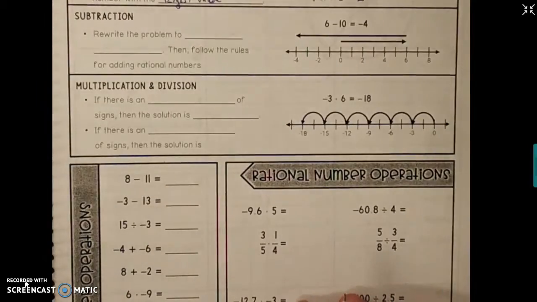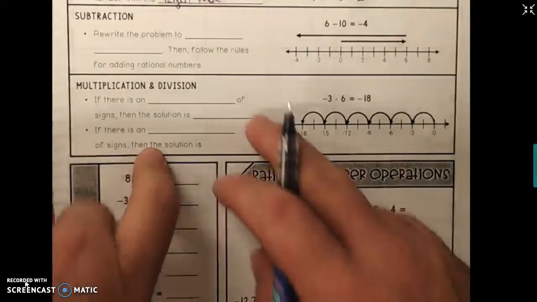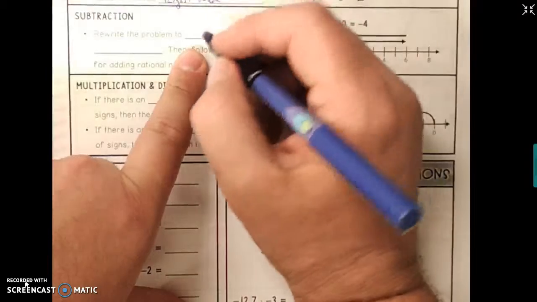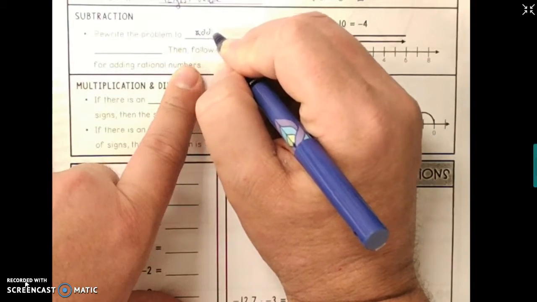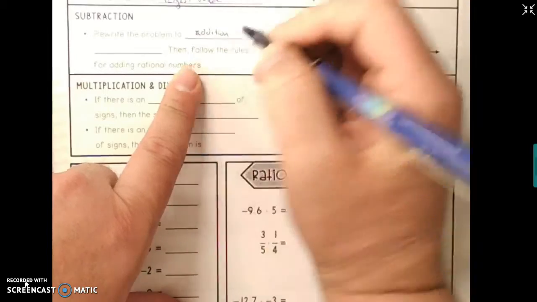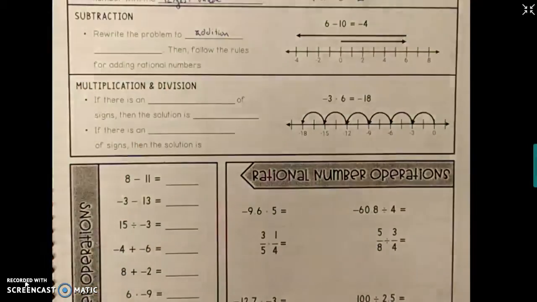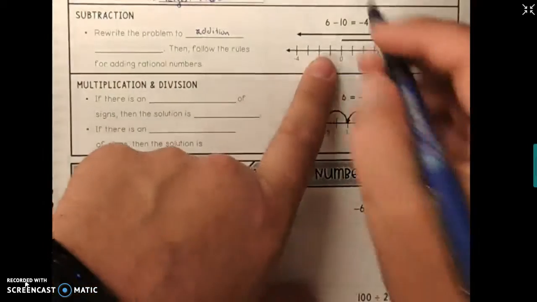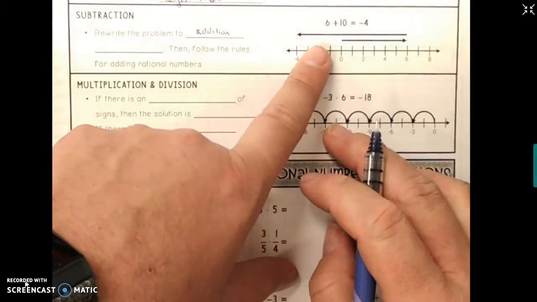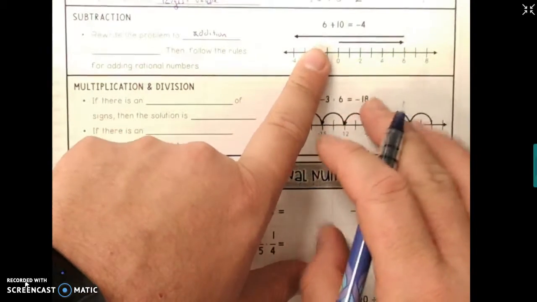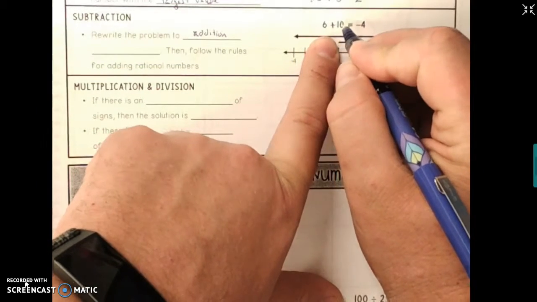Subtraction. Good news is you don't ever have to have a subtraction problem again, because you're going to change the problem to addition. Now here's how you do it. You've got to change two things to make an addition problem. First, you have to change that subtraction sign to an addition sign. Then you have to change whatever the next sign is.